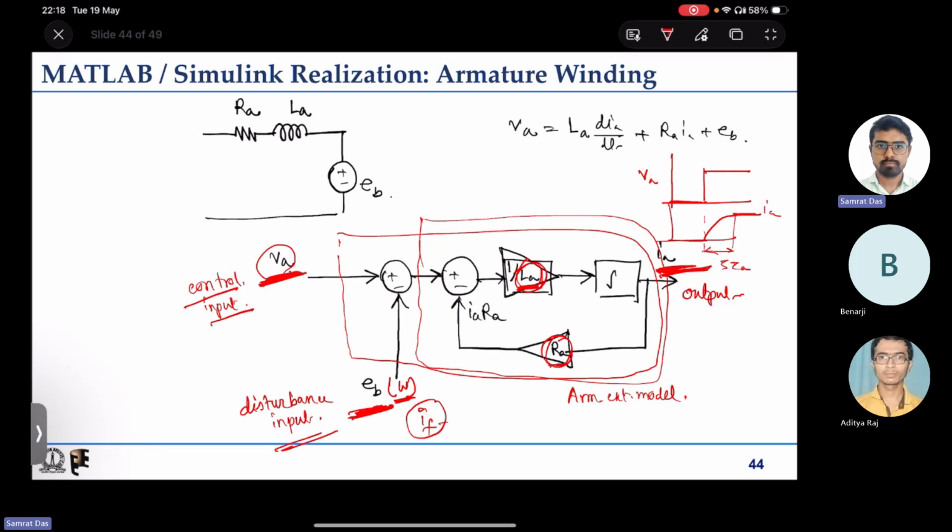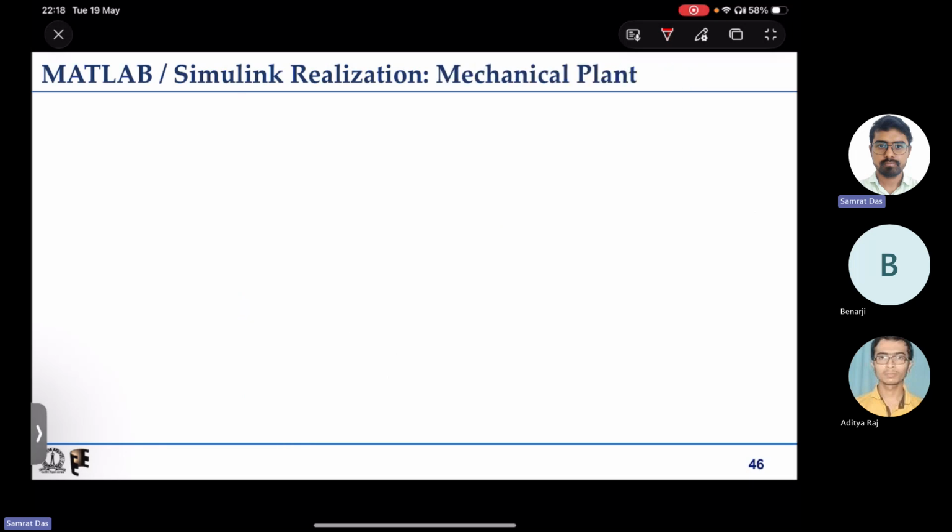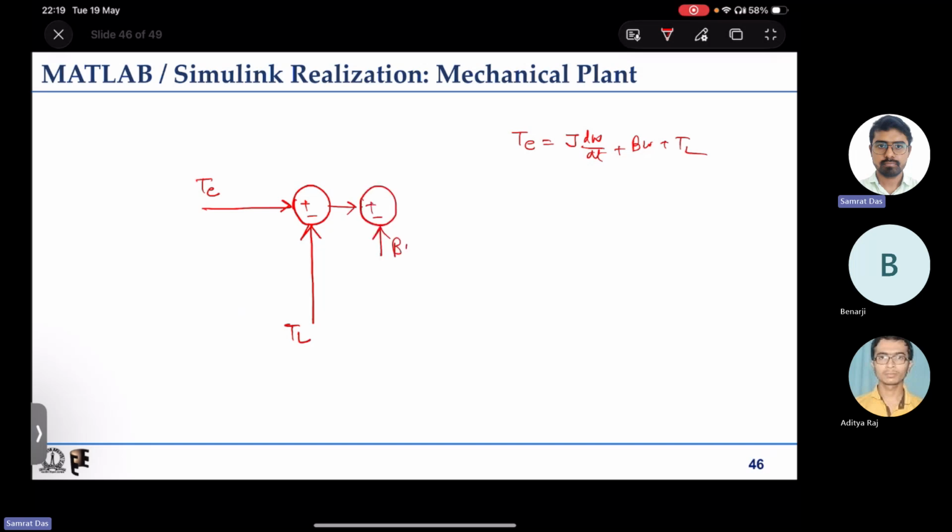Now let me discuss the mechanical part also. The equation is Te equals J d omega dt plus b omega plus TL. We have electromagnetic torque as the input, we have the load torque, and we have the b omega term, which is the frictional torque.